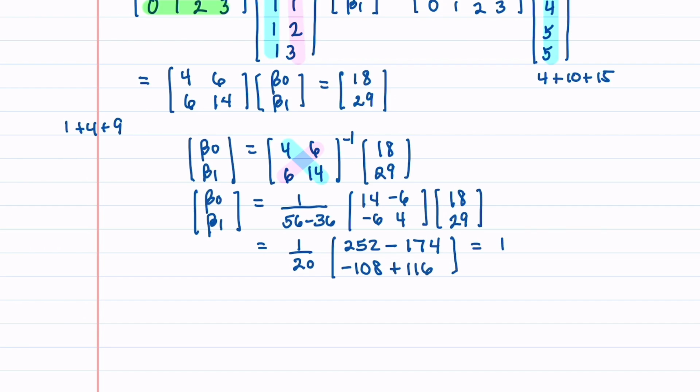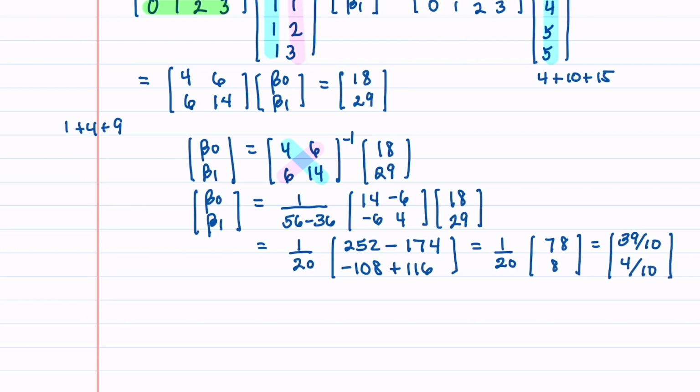And this gives us 1 over 20, and our top entry is going to be a 78, and then our bottom entry is just going to be an 8. So our final answer is going to be 39 over 10 up top and 4 divided by 10 in our second component.